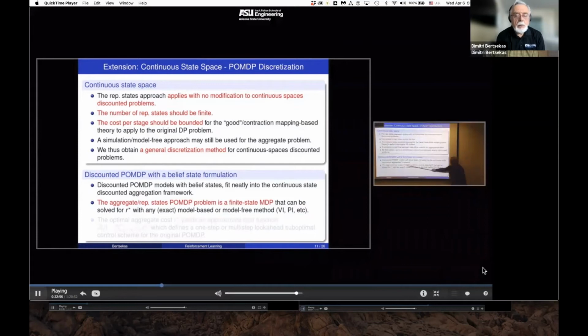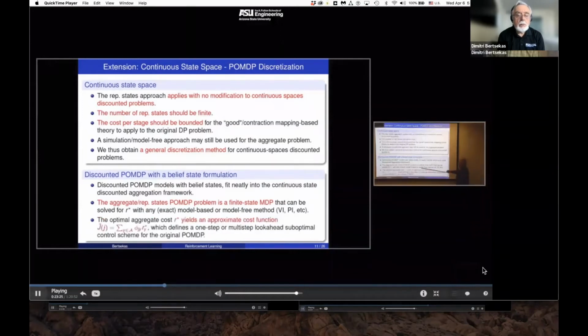So the partial observation is lost within this framework. We have a regular plain vanilla Markovian decision problem with perfect state information. It has a finite number of states, finite number of controls, because the POMDP is assumed to have a finite number of controls. And it can be easily defined and can be solved by any exact model-based or model-free method.